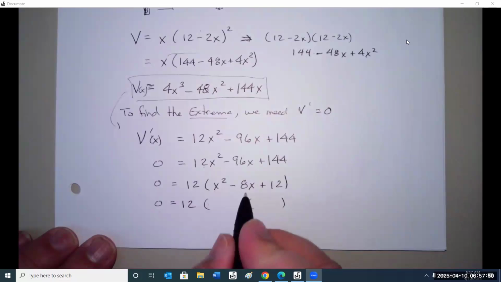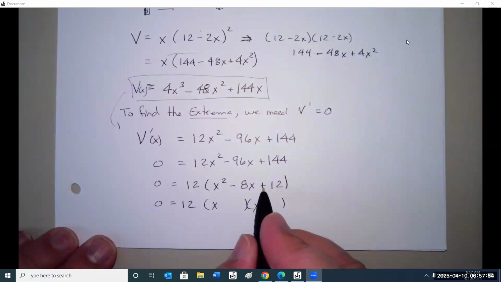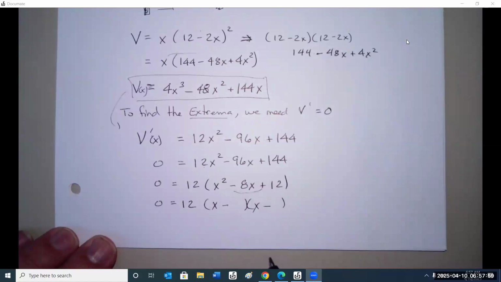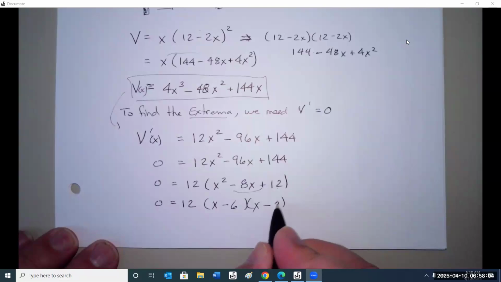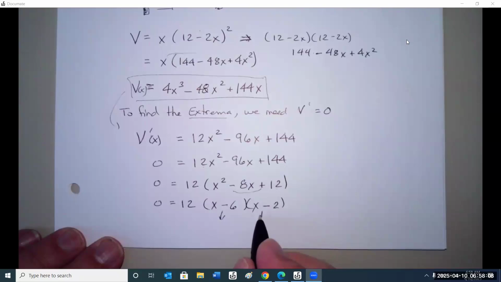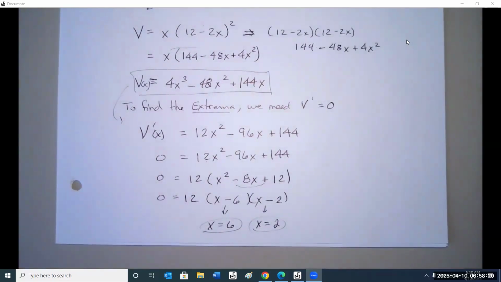So we have x and x, because it's a quadratic equation. The sign is a plus, so both are the same. They're both minuses. What times what is 12, and when you add them, you get 8? 6 and 2. Solving that, we get x equals 6 and x equals 2. Those are our possible solutions.